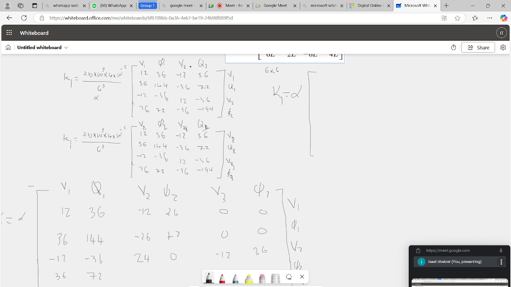Now we have to pay attention here. V2 phi 2 is minus 36. Do we have any other V2 phi 2? Yes, it is 36. So you're going to have minus 36 plus 36, which gives 0. Now, phi 2, minus 144.